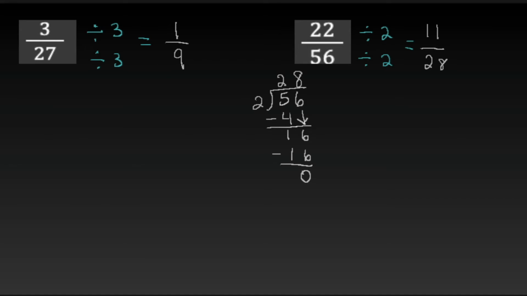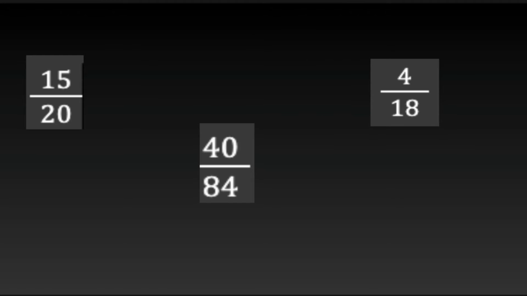Let's go over a few more examples. So take a look at 15 over 20. We have an odd number, and we also have an even number. However, we need to find factors of 15 and factors of 20, so that we can find the greatest common factor for both numbers that we can divide evenly into both numbers.